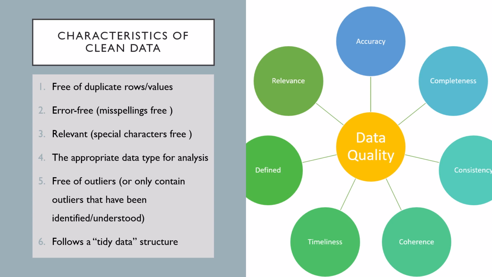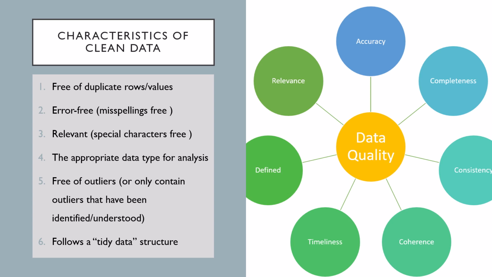So these are some of the characteristics of clean data. Clean data in most cases is free of duplicates. It should be error-free. It should be relevant. The data types have to be appropriate for analysis.